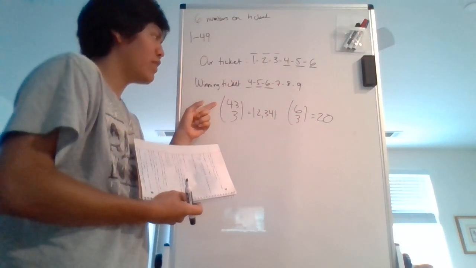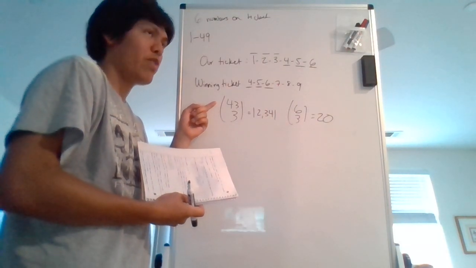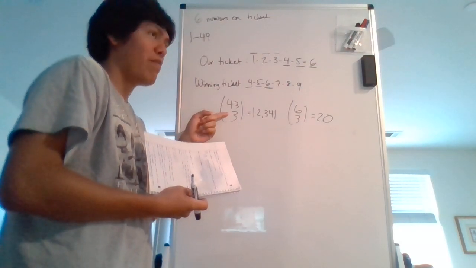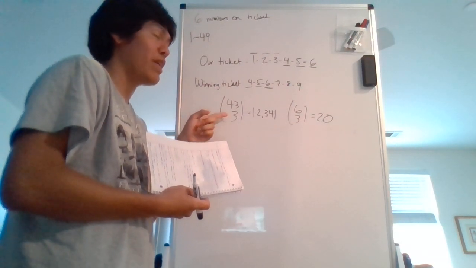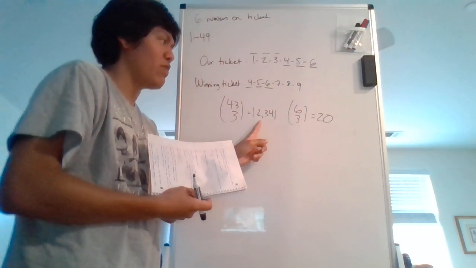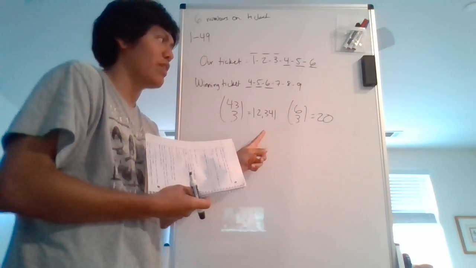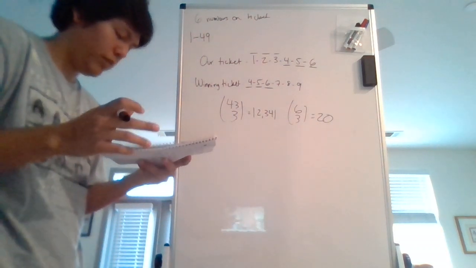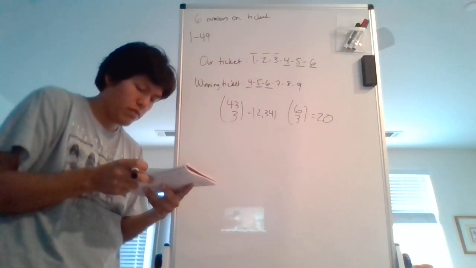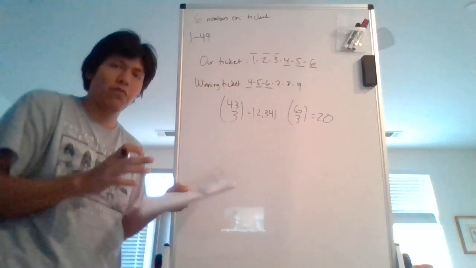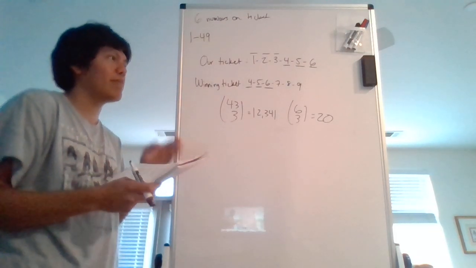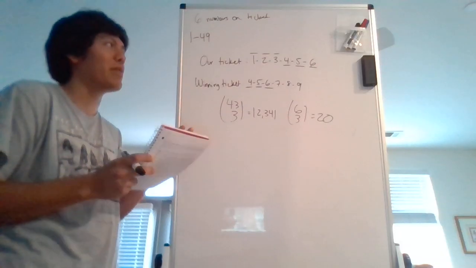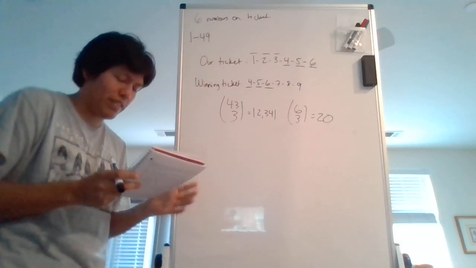That's why from the 43 numbers that the winning ticket did not eat up, 3 of them have to be non-winning numbers. And there's 12,341 ways to do that. Okay, hopefully that made sense. Maybe I'm struggling explaining this a little bit, but I hope so far it's made sense.